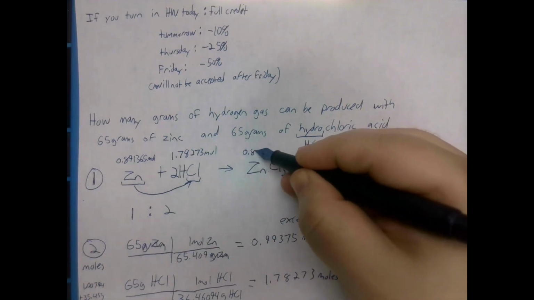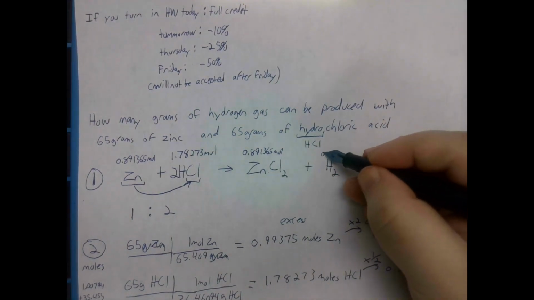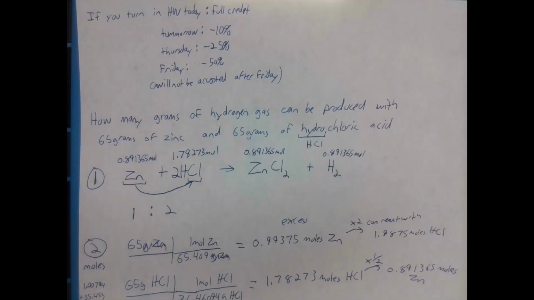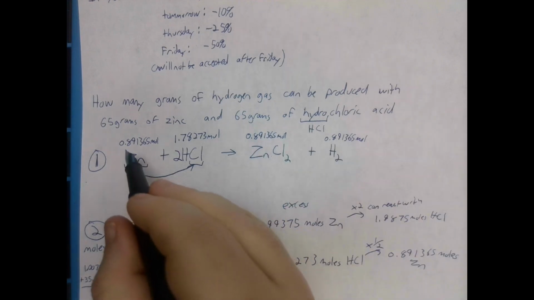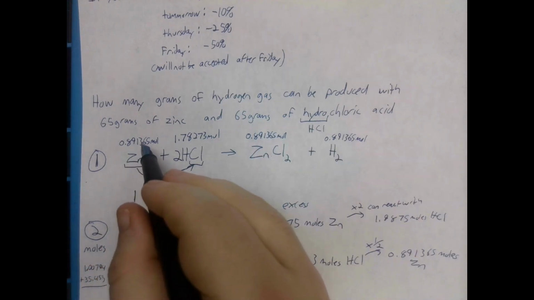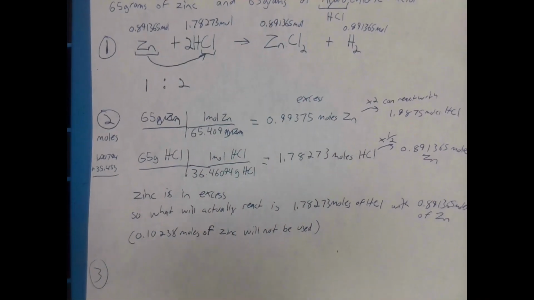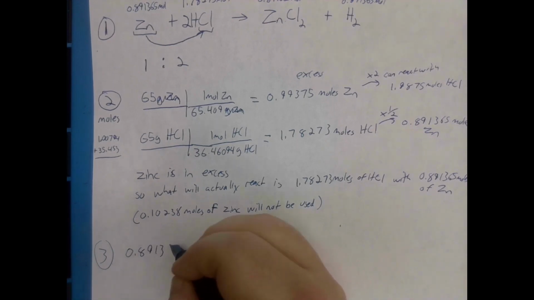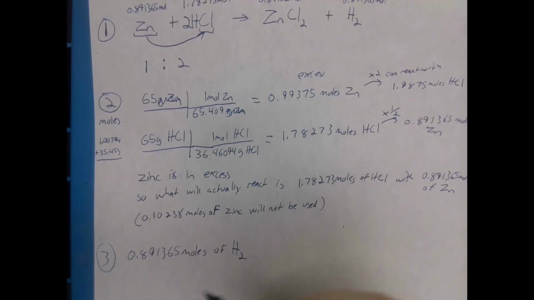That means 0.891365 mole of zinc chloride and 0.891365 mole of hydrogen gas. So if anywhere you see a 1, it's going to be 0.891365, and then a 2, this 2 means we multiply that by 2 to get that number of moles. So we will make 0.891365 moles of H2 gas.